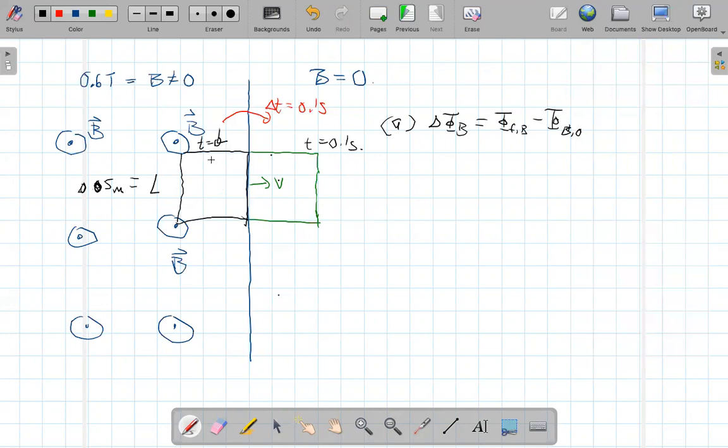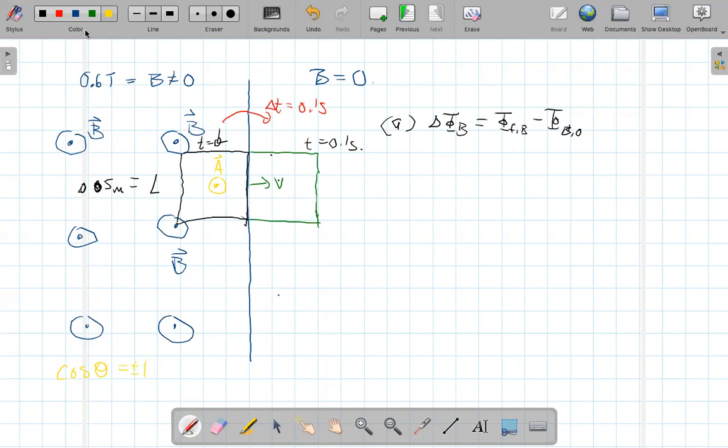Now, in this case, my area vector, remember, will point perpendicular to the surface of this coil, which means that depending on the direction at which the current is running through, my area will either be pointing out of the page or into the page. But regardless, the area is either parallel or anti-parallel to the magnetic field, which means my dot product, my cosine term, is simply going to be equal to plus or minus 1, depending on if it is parallel or anti-parallel.